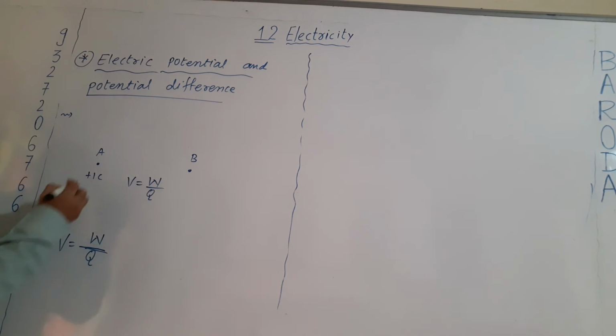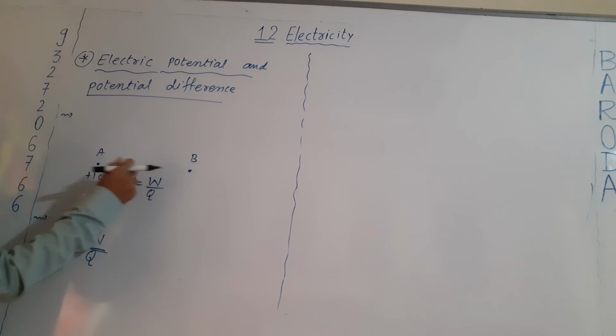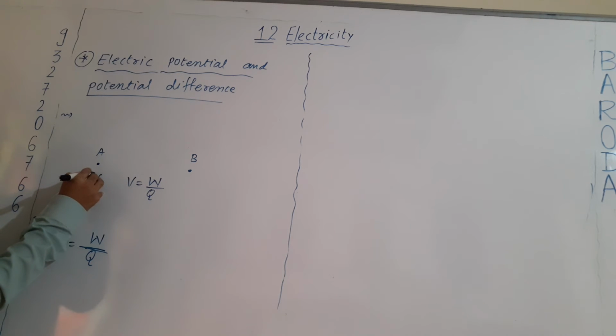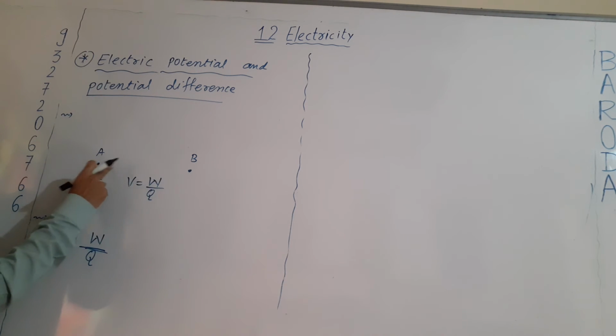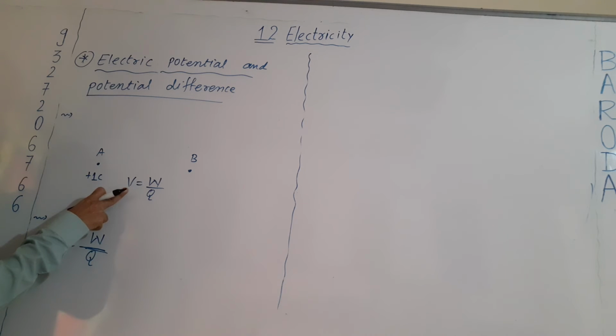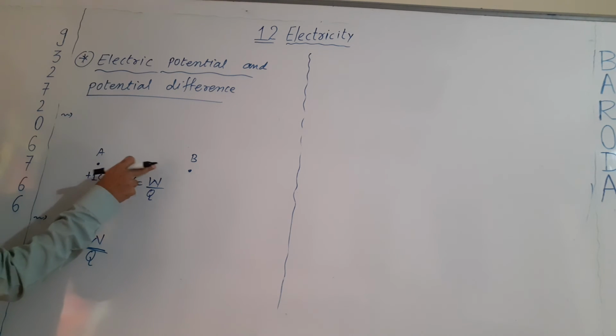So what does it mean? Here one point is A, and the unit positive electric charge, I will take 1 coulomb. So if 1 coulomb charge is moving from A to B, the work done during this is known as potential difference between points A and B.